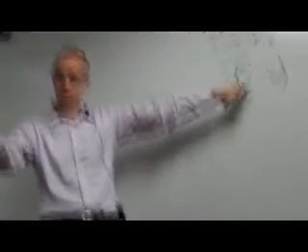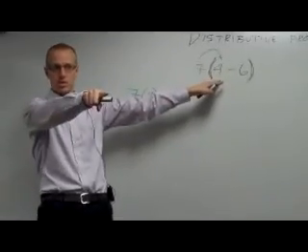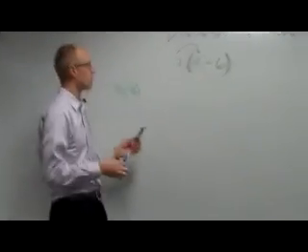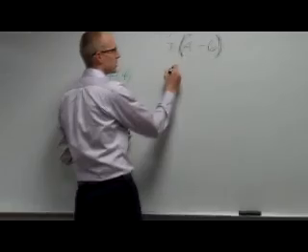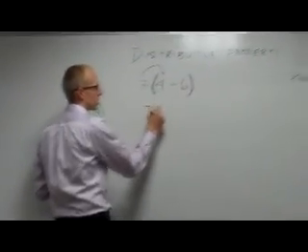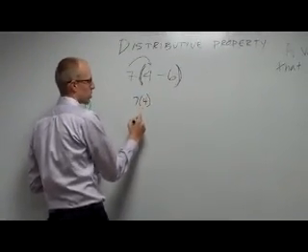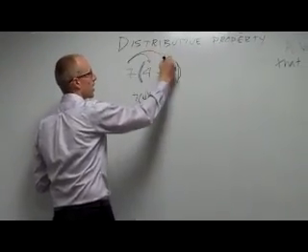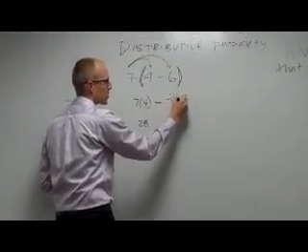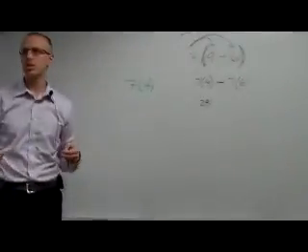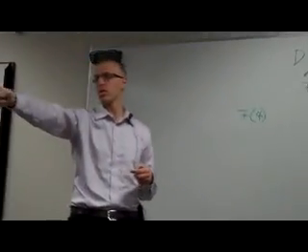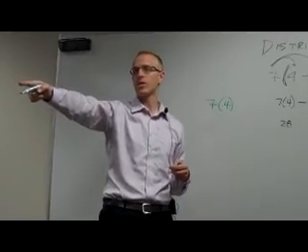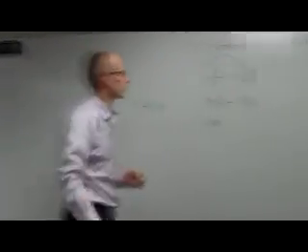Now, 7 times 4 is, close, 28. So we've got 7 times 4, which is 28, and minus, and we draw the other arrow, and we have 7 times 6, which is 42.